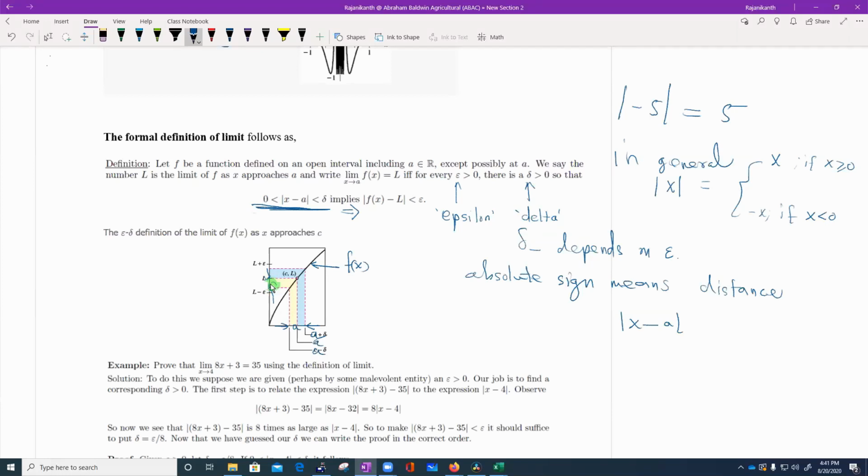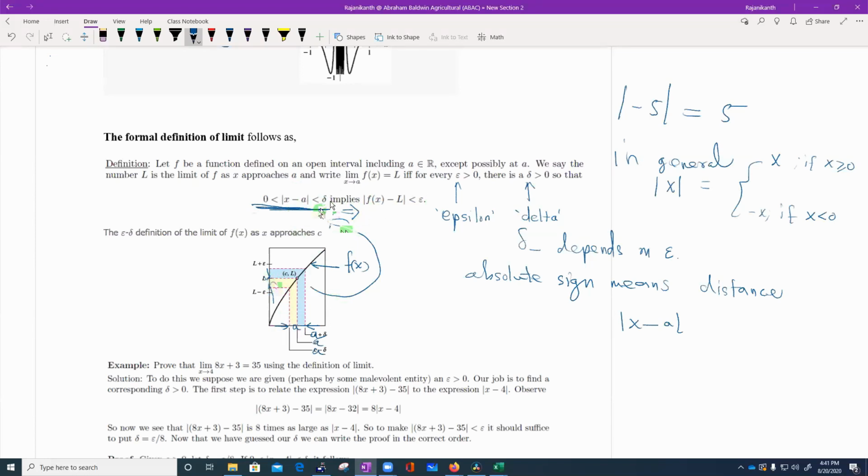So if you have this much distance, then your function value is very close to L when you move your x from the left to a. So this function is just explaining these geometrical things.